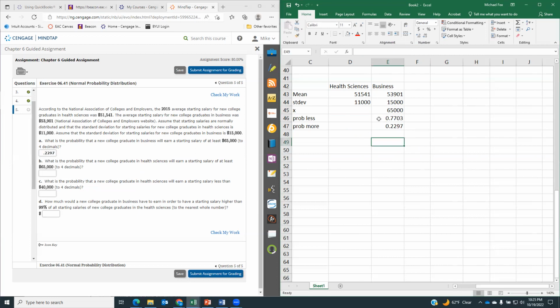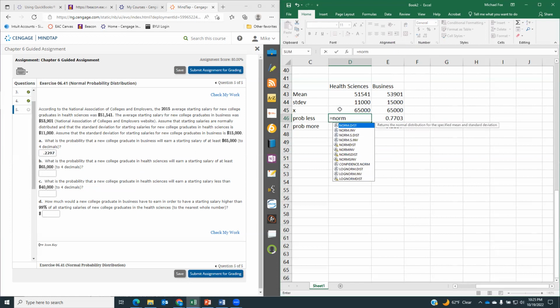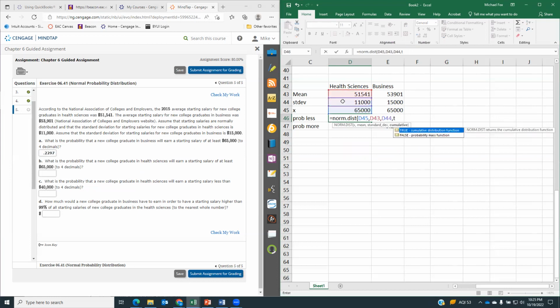Now it wants the same information for health sciences. So we're going to use the same x, 65,000. Again, we're going to use NORM.DIST with my value of x, comma, my mean, comma, my standard deviation, comma, and true. Same thing: the probability that it's more will be 1 minus the probability that it is less than that amount.